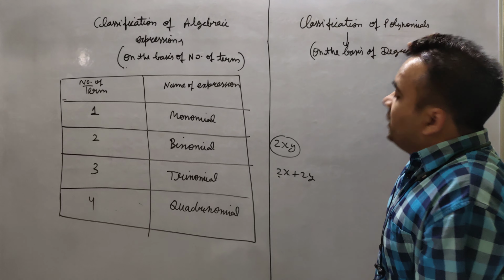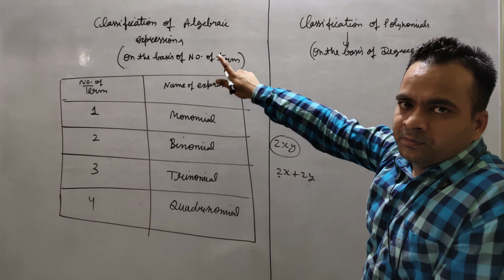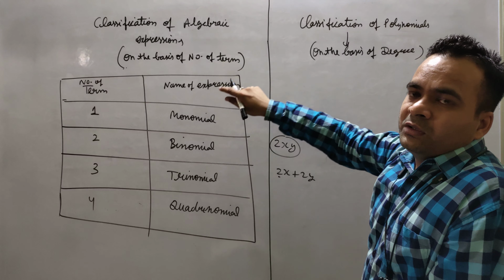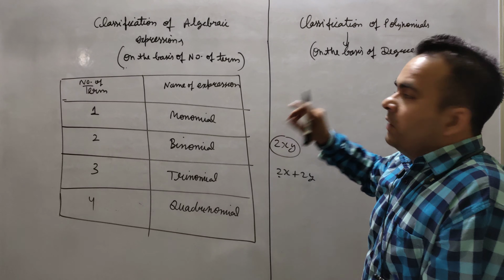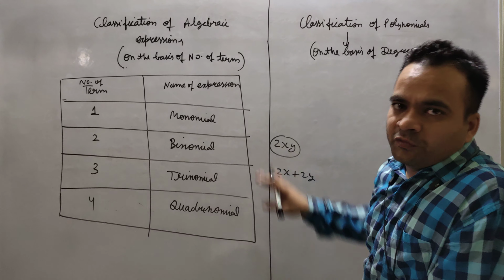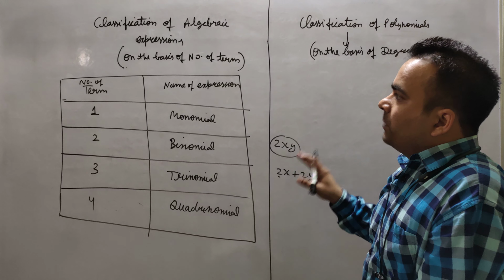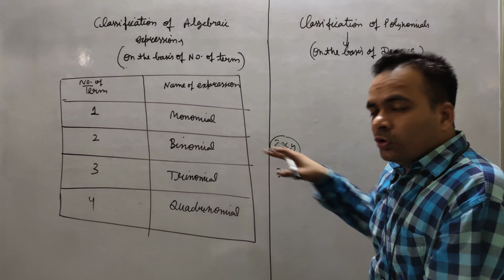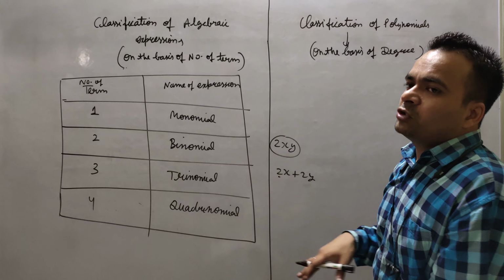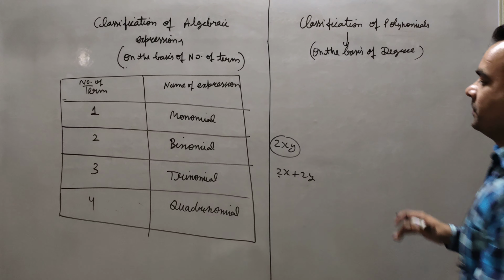The power of variables should be a whole number, the power of variables should not be negative, should not be in fraction form, and the variable should not be in the denominator. These conditions you have to check, right?